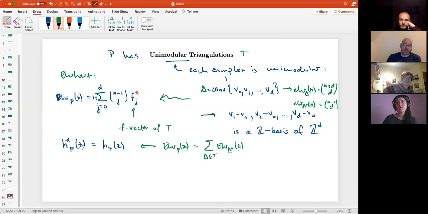And then you massage this a little bit. You might remember yesterday when I showed you these two theorems by Stanley and by Betke and McMullen, and I said h star and f star are always non-negative. Those theorems, if you have a unimodular triangulation, follow from the non-negativity of f and h of the triangulation.